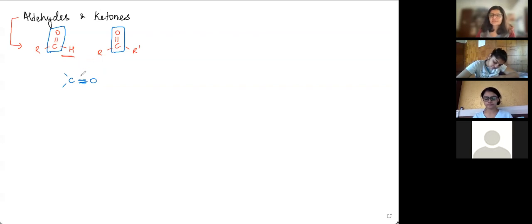Polar. Yes. So there'll be a slight polarity, and this polarity is what defines a lot of the chemical properties. Because this carbon has a slight positive charge, slightly electron deficient, it takes on nucleophiles, and because it's a double bond, it takes on a lot of chemical reactions.